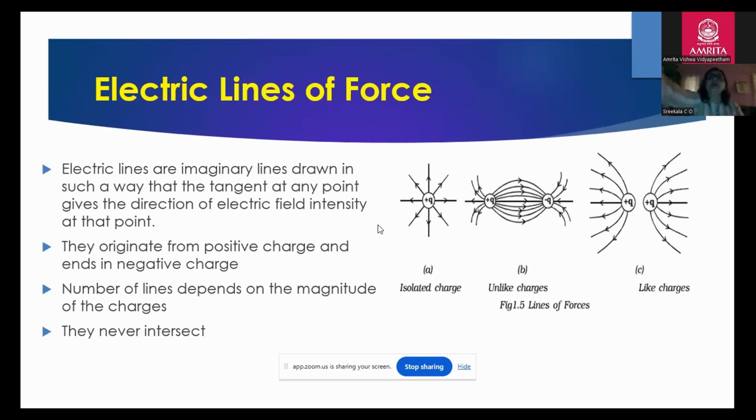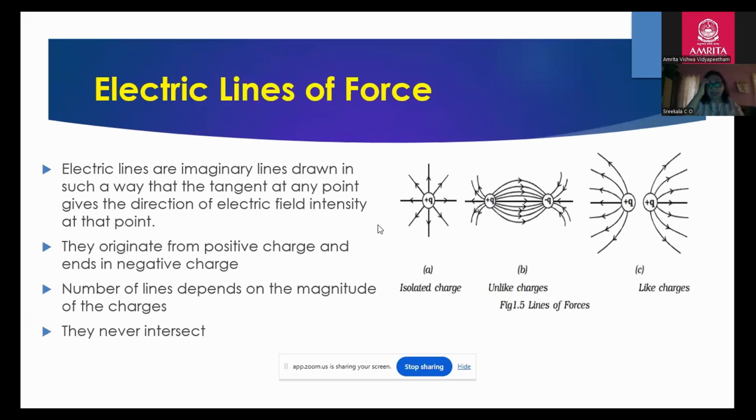Electric lines of force are just like our magnetic lines of force. Magnetic lines of force are actually existing lines. You can draw magnetic lines around a magnet using a compass needle, and that also is visible.